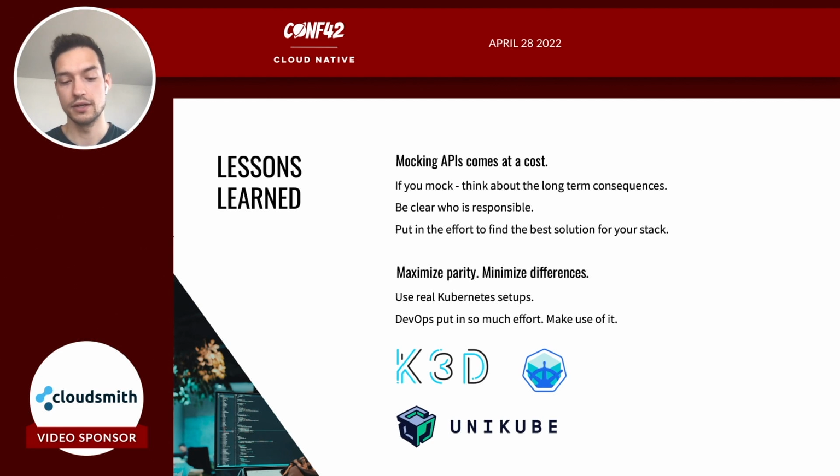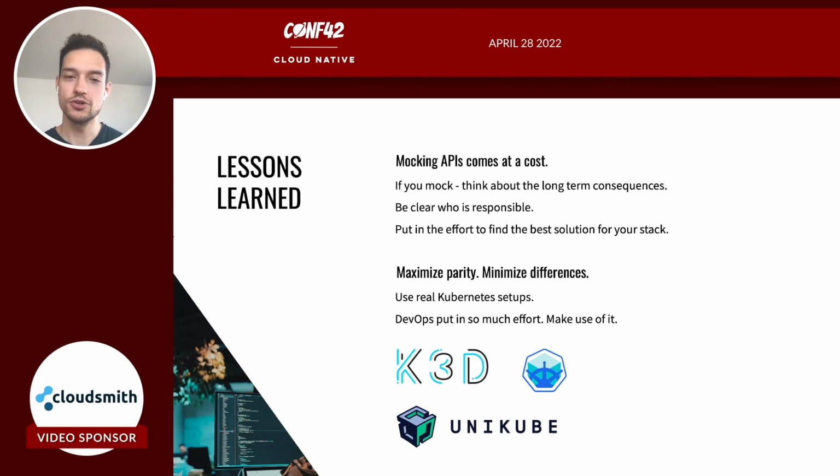Just be clear who is responsible for maintaining the mock of the API in the long term. And we'd really recommend put in some effort to make sure the mocking matches your stack. So just picking the first service provider that comes to mind or Google spits out probably is not the best thing to do here.